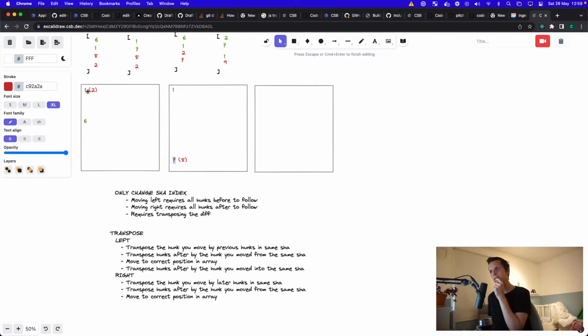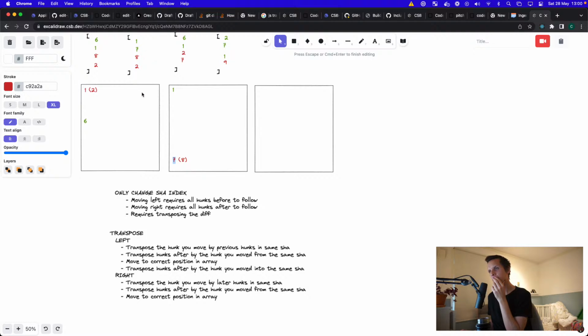But the problem now is that when I move it back, I'm saying that I should transpose. If this was like an addition that I moved right, then I would transpose this. But now I'm not supposed to transpose it. This is where it breaks for me. Does that still become 7 or does it become 8?